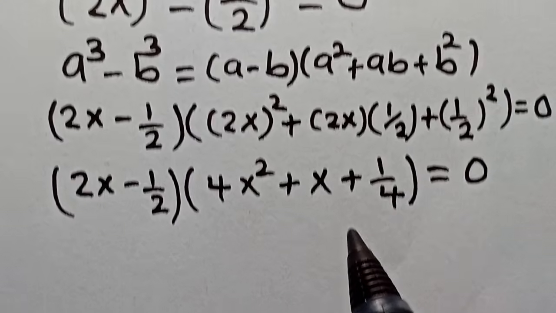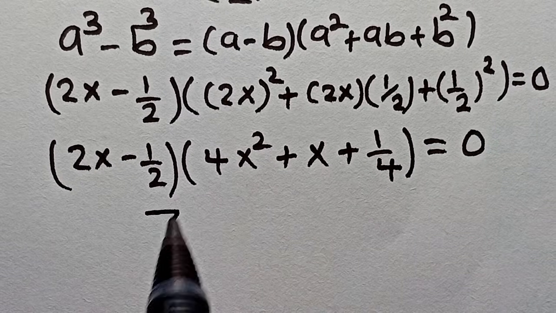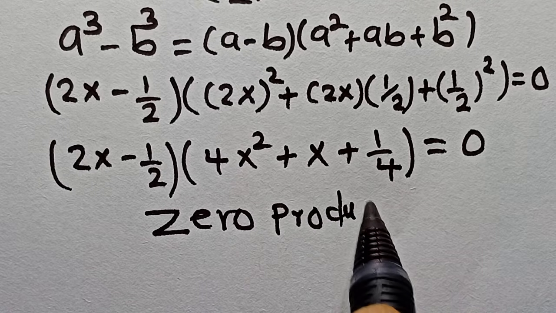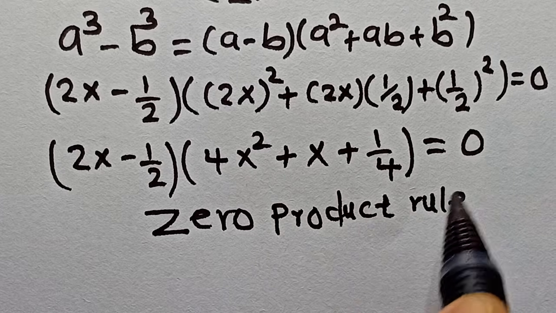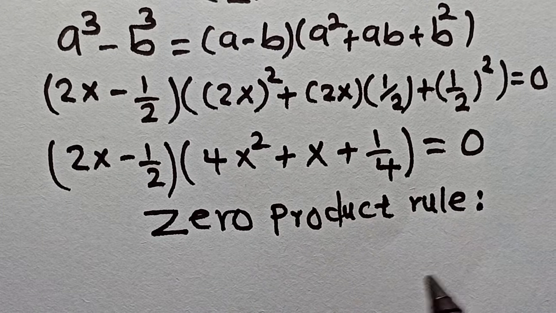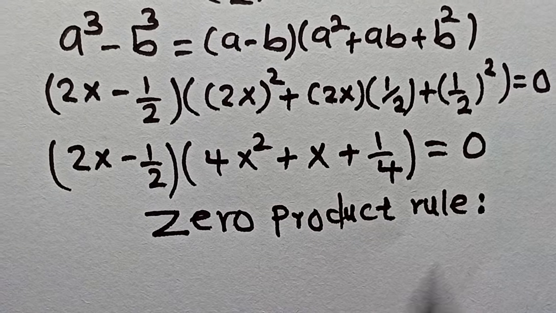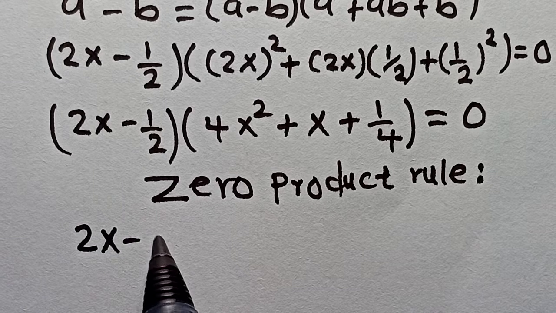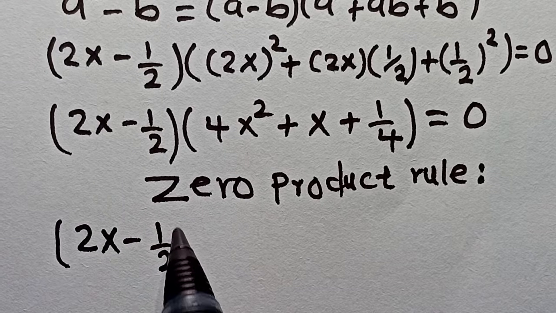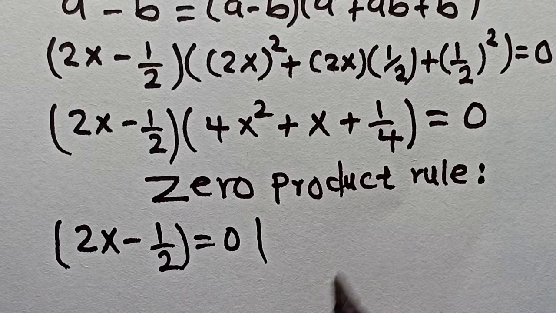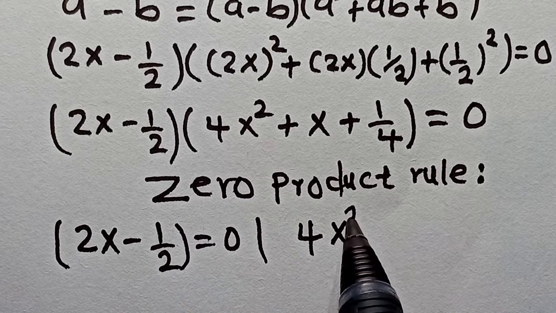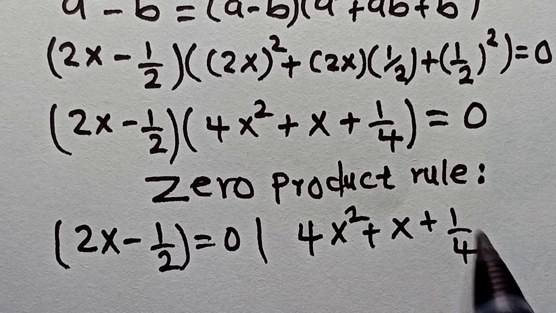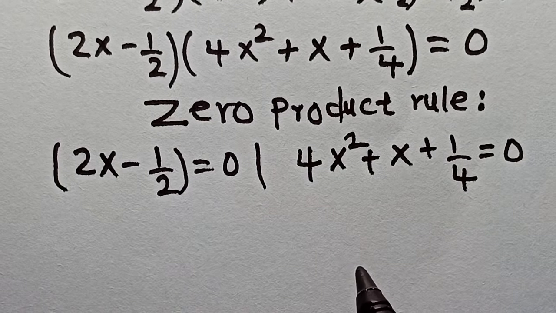From here, let's apply the zero product rule. That says for this expression to be equal to 0, either we have 2x minus 1/2 equals 0, or we have 4x squared plus x plus 1/4 equals 0.